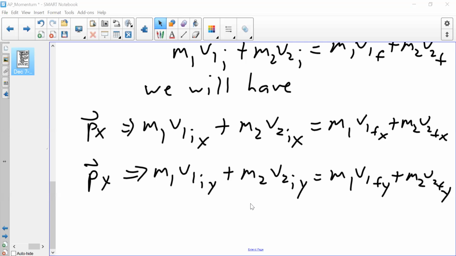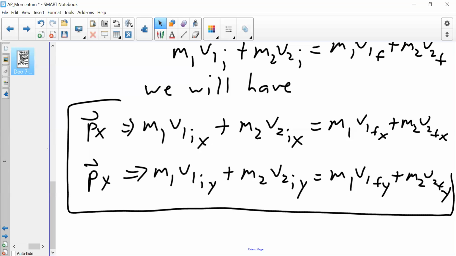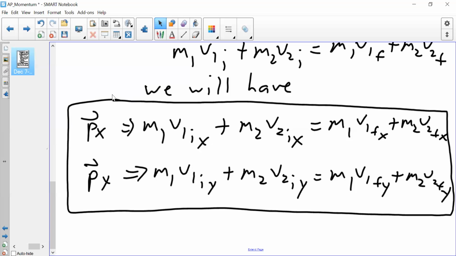It should be sigma p's. There's no deltas here. We're not changing it. We're just saying that the momentum is the same on both sides. We're not taking a difference. So no deltas. This is our conservation of momentum in x and y directions.